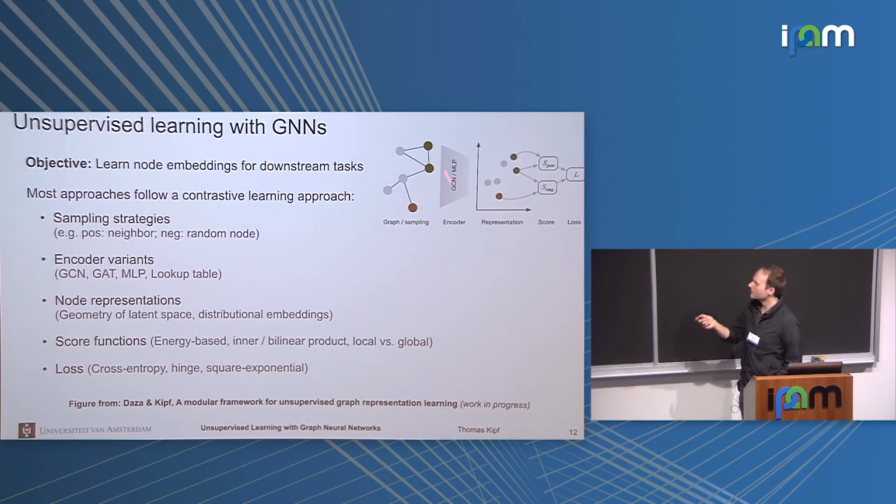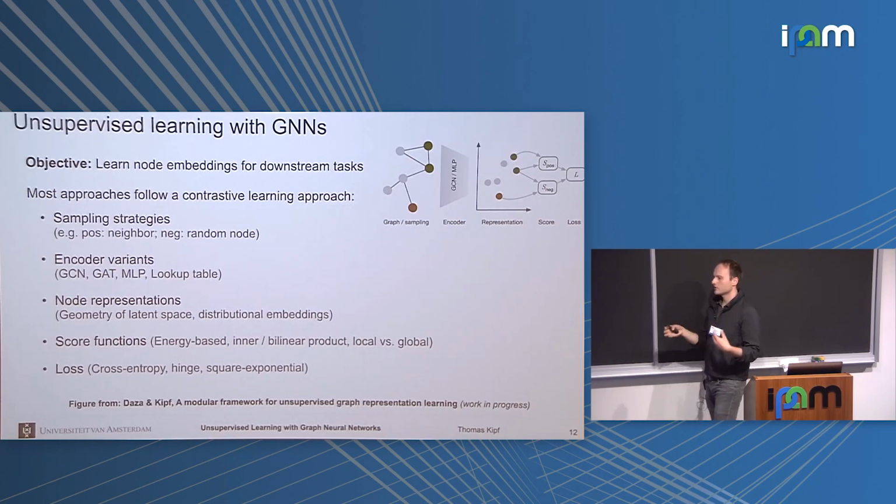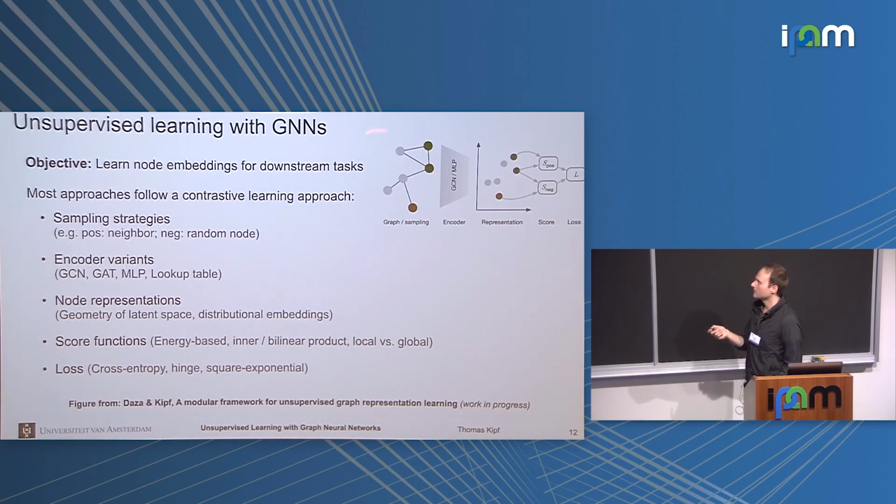So this is related to things like spectral clustering on graphs. If you would take just a lookup table here, and you would take positive sampling and negative sampling just based on the neighbors and random nodes, then this would be like a sampled version of spectral clustering. So it relates to established methods, but for scalability, you might want to use something like sampling here.